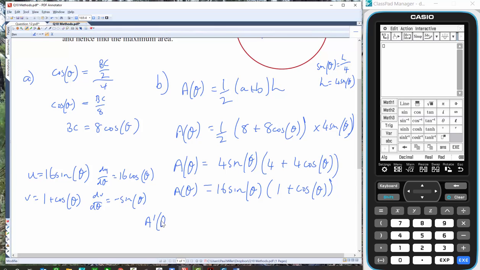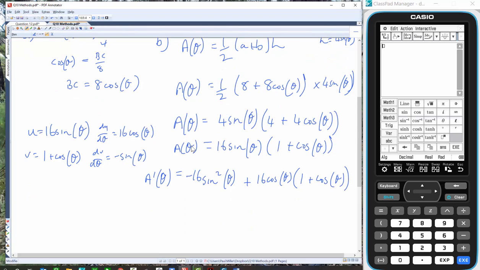So A dash theta is equal to u dv d theta, which is negative 16 sine squared theta, plus v du d theta, which is going to be 16 cosine theta multiplied by 1 plus cosine theta. Okay, let's clean it up.